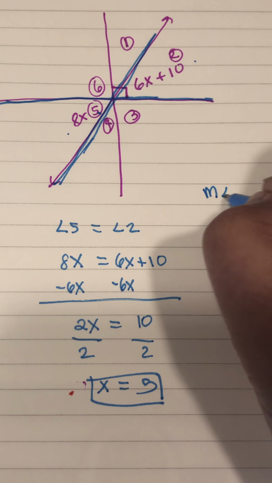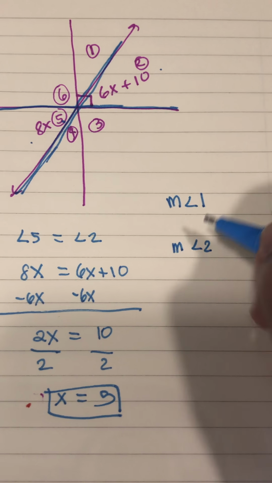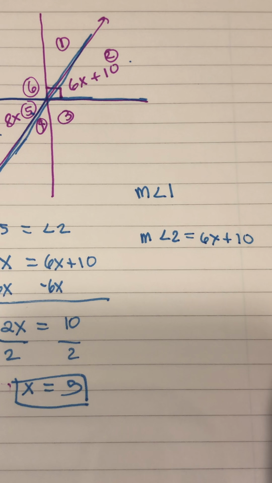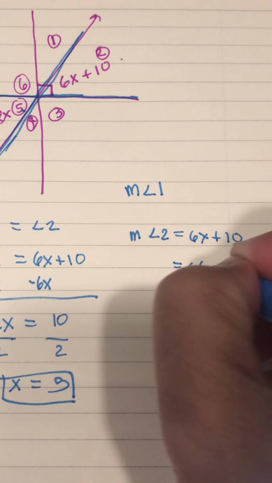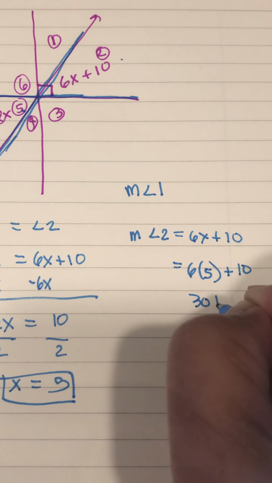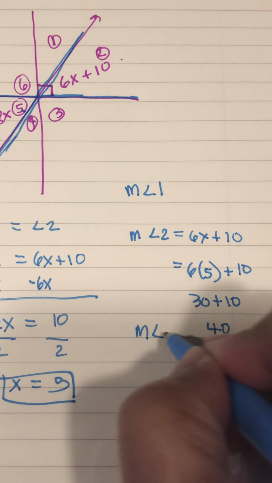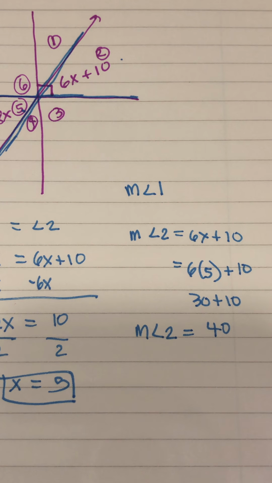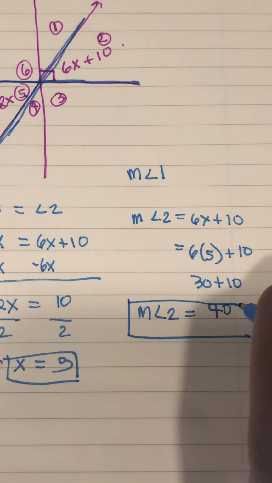We need to know the measure of angle 1 and the measure of angle 2. Angle 2 is 6x plus 10, and I know that my x value is 5. So 6 times 5 plus 10 is 30 plus 10. So the measure of angle 2 is 40 degrees.